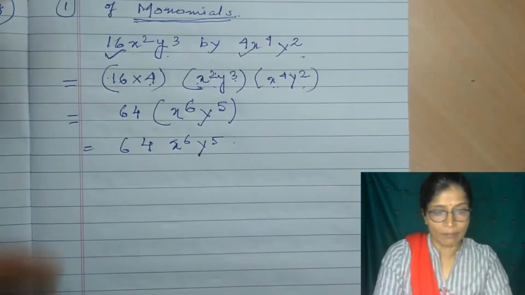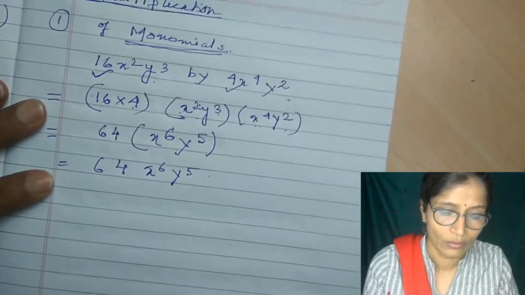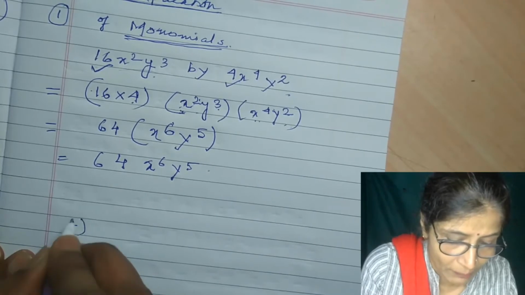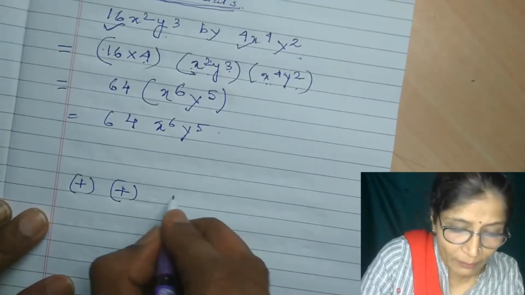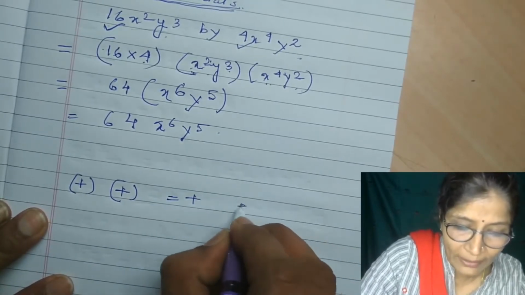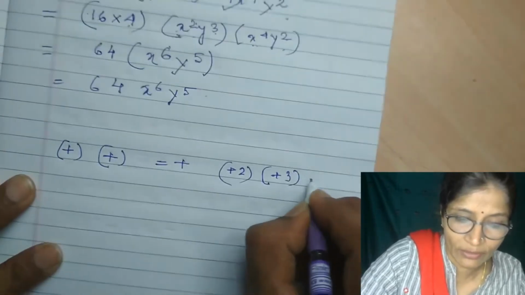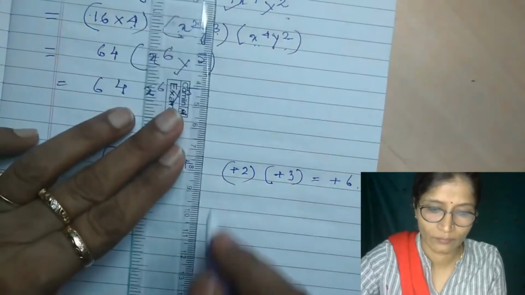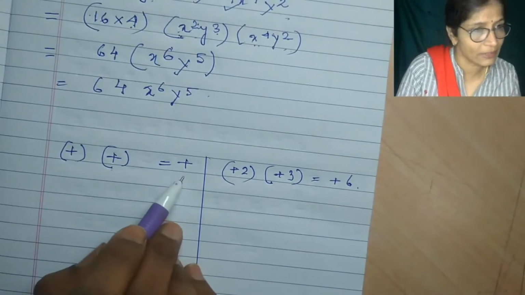Some basic things you have to know before doing multiplication. The first thing is that a plus sign multiplied by a plus sign will be equal to plus. For example, you are multiplying plus 2 with plus 3, then that is equal to plus 6. Plus into plus is plus.